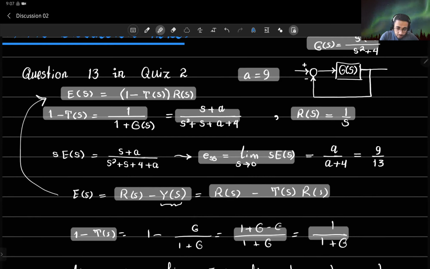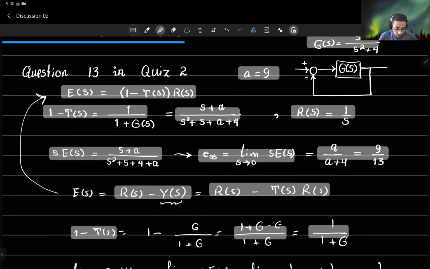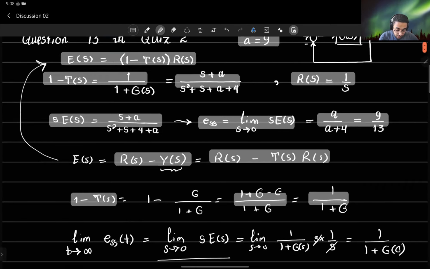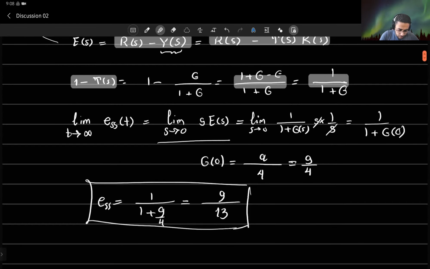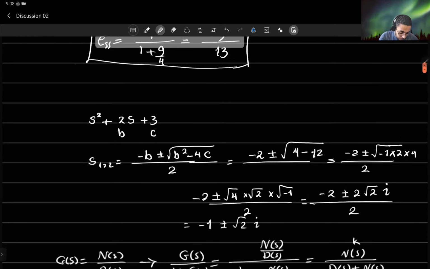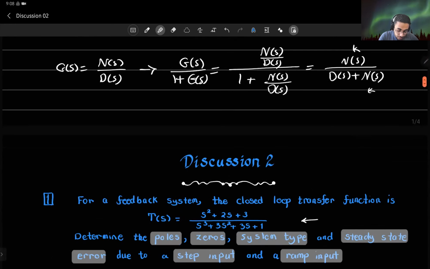So the s cancels with the s and you get this expression only. The limit of that is just going to be equal to a divided by a plus 4, which gives 9 over 13. So that's the steady state error for this problem, which is 9 over 13. Okay. Any questions?